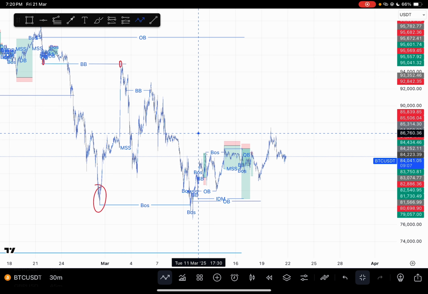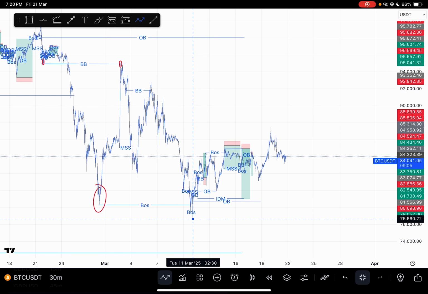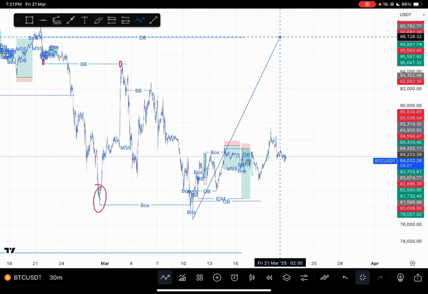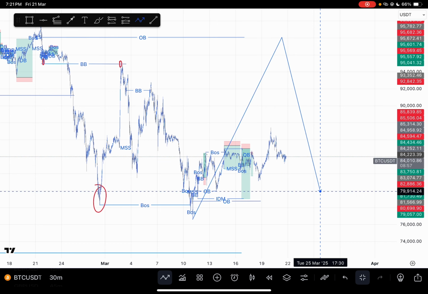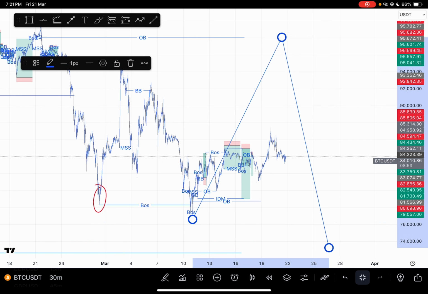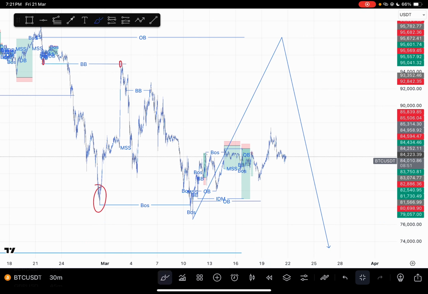So we're expecting price to go back from this point to where the order block is, tapping into it before pushing down again to the downside, taking out the previous low at this point. So this is my directional bias on BTC USD.